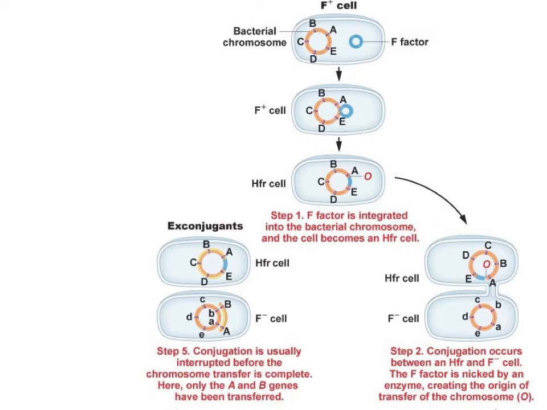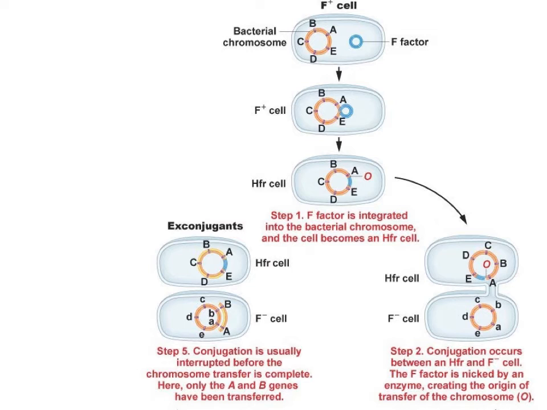Okay. Now, one thing that's important in these HFR cells is the orientation of that F factor. Think of taking a double-stranded DNA circle and making it linear. You could stick it into that orange bacterial chromosome one way or flip it around and put it in the other way. It doesn't really matter to the bacterial chromosome, okay?